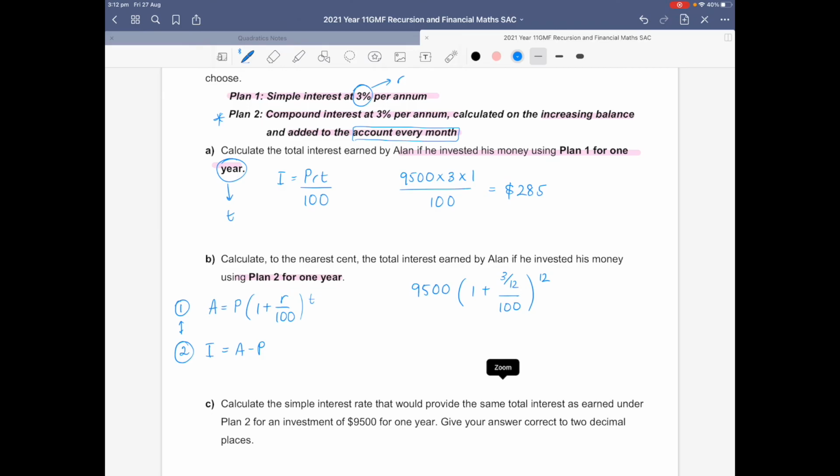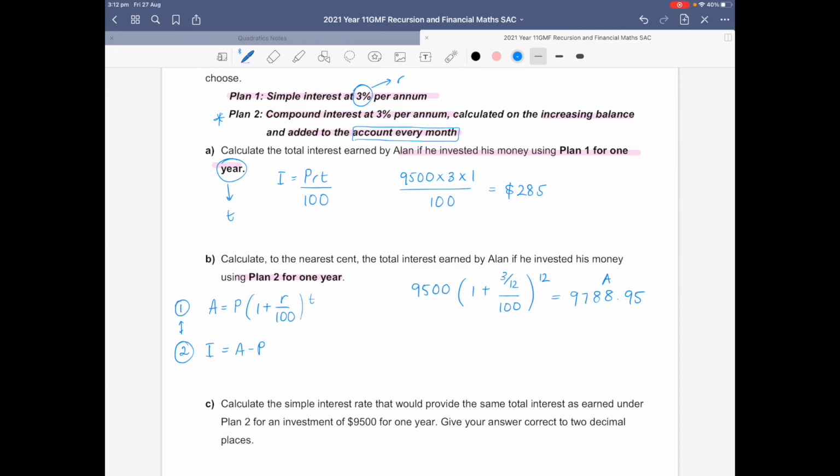So doing this will give me an answer of $9,788.95. Now that is what A is equal to, right? So A includes the principal amount that he invested, which is the $9,500, but it also includes the interest that he has earned on this term deposit.